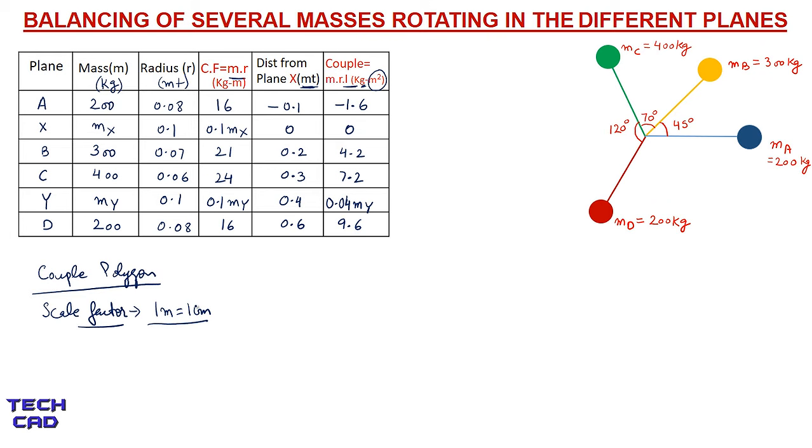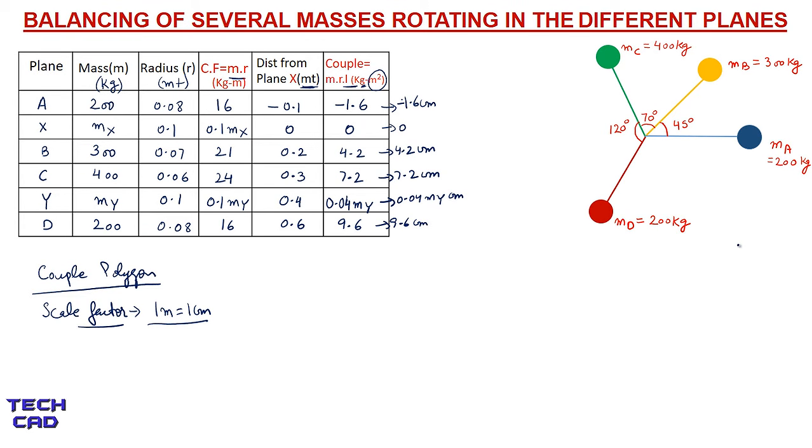You can take any suitable value for the scale factor. It becomes minus 1.6 centimeter, then 0, then 4.2 centimeter, this is 7.2 centimeter, and it becomes 9.6 centimeter.